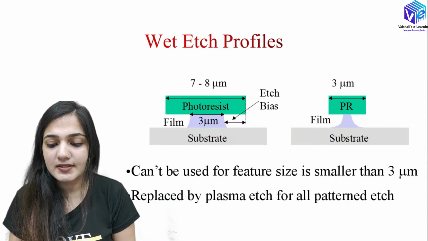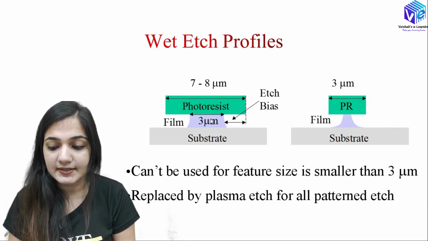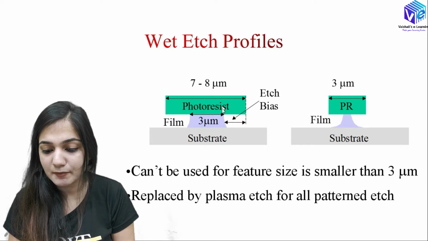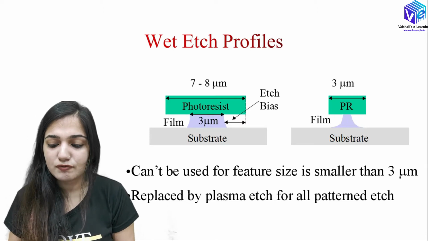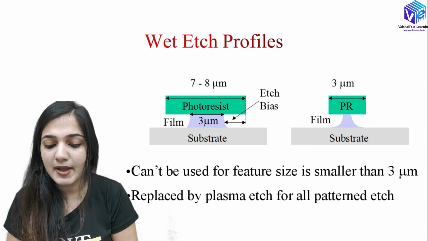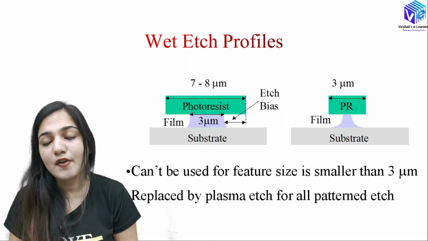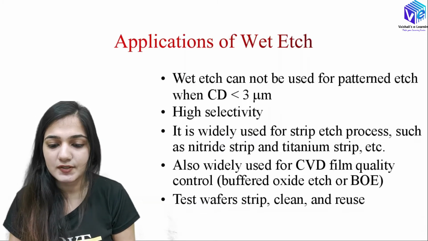So now here you can see if I have the 7 to 8 micrometer feature size, and here this is giving me a better results. But if the feature size is lesser than the 3 micrometer, the results would be very bad. Okay, so here you can see the profile is very bad, but here the profile is good. So it cannot be used for the feature size which is smaller than the 3 micrometer feature size, and in that case it is replaced by plasma etching for all of the pattern etching processes.